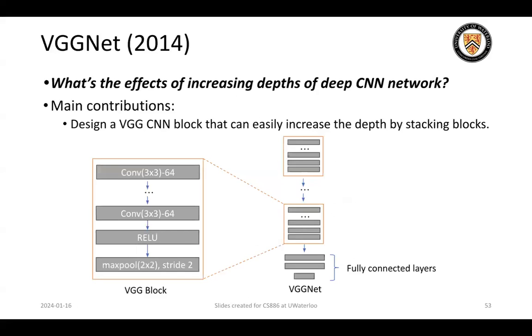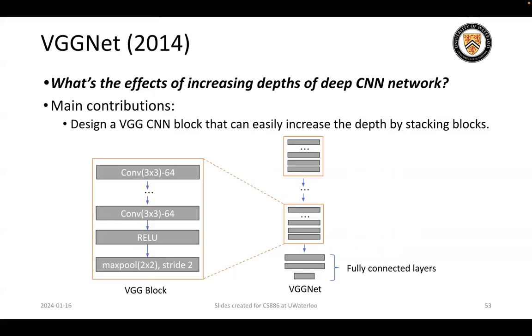Now let's look at another variant, which is called VGGNet. Here we want to investigate the effects of increasing the depth of deep CNNs. The main contribution is that they design a VGG CNN block that can easily increase the depth by stacking blocks.